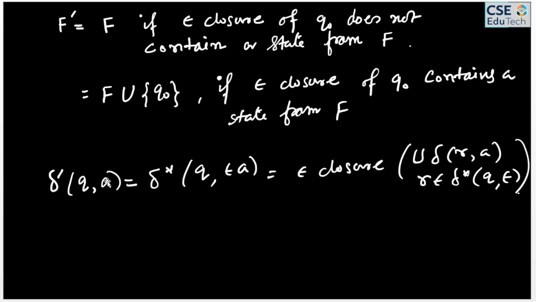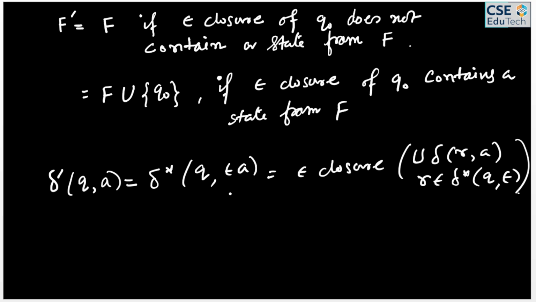So as epsilon is accepted by this diagram, we have to make the initial state, Q naught, a final state. Later on we discuss how. The steps are, A is basically a symbol, and for all the symbols A we have to find these transitions.